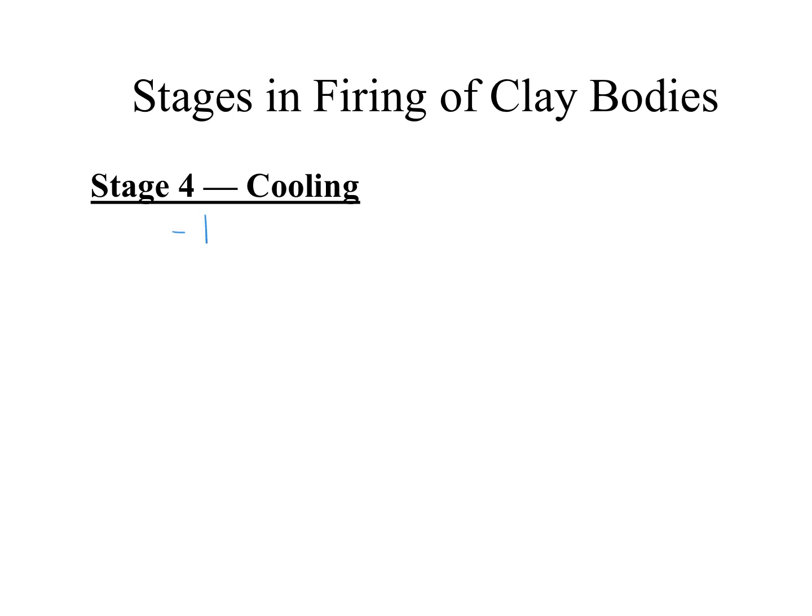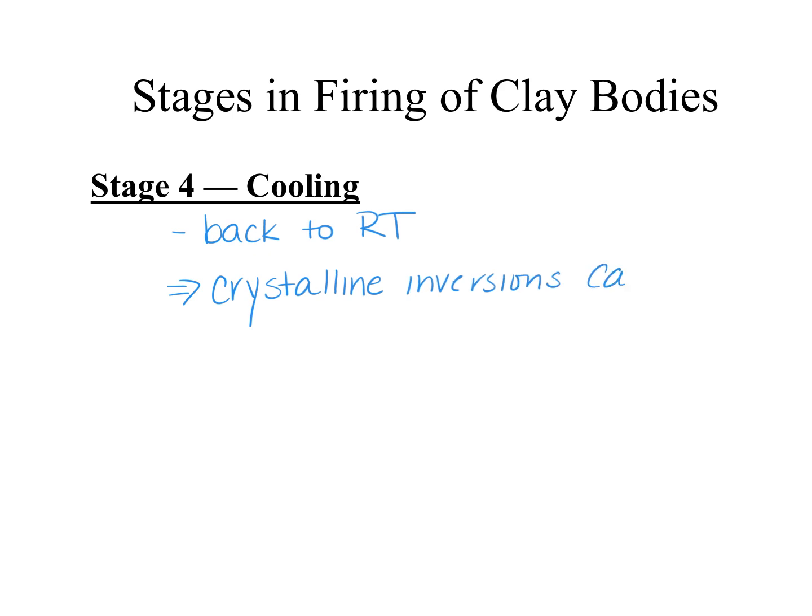So from wherever you went at vitrification, you're going back to room temperature. And you have to do this slowly, because if you do it too fast, you can get crystalline inversions. Right? And that ceramic can crack.